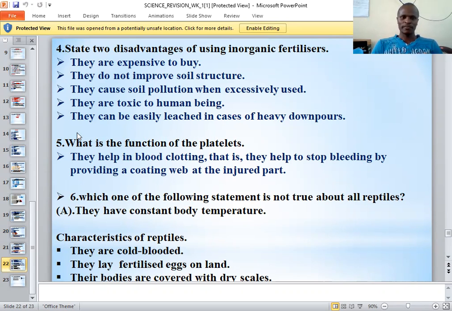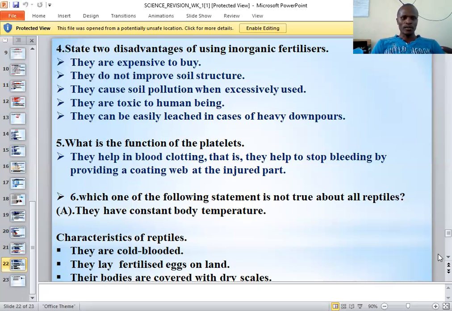But when they are leached, they drain and go deeper past the roots. So that's an effect you also encounter when using these fertilizers. They may leach, especially when there's rain.